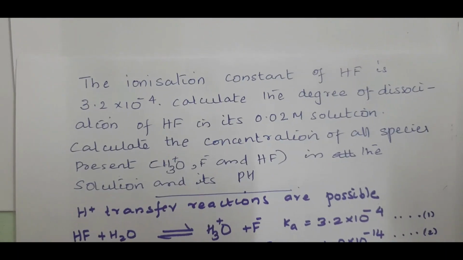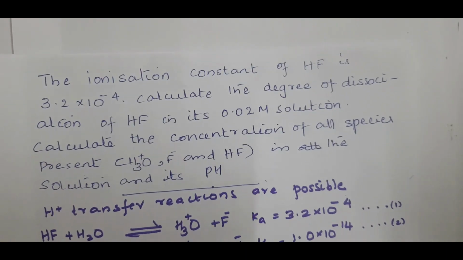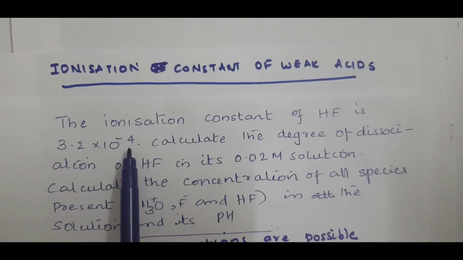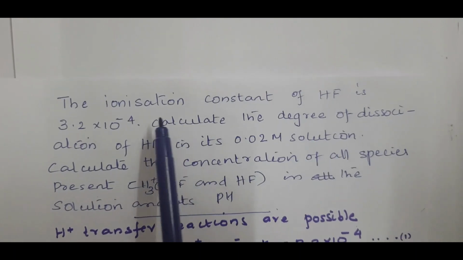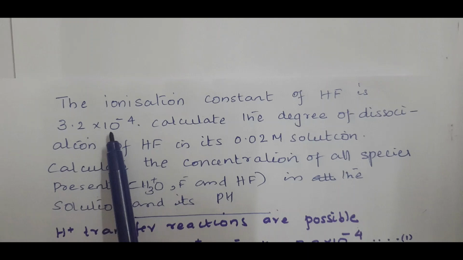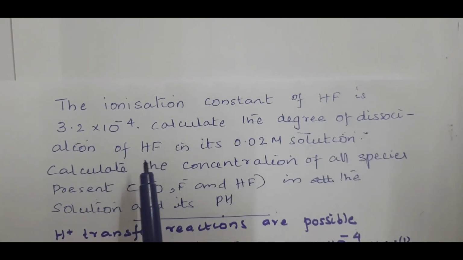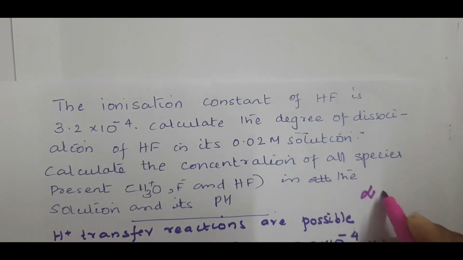Now we will see it through an example, a numerical. In this numerical, it is said that the ionization constant of HF, a weak acid, is given, that is, Ka is given. Now calculate the degree of dissociation of HF, that is alpha.